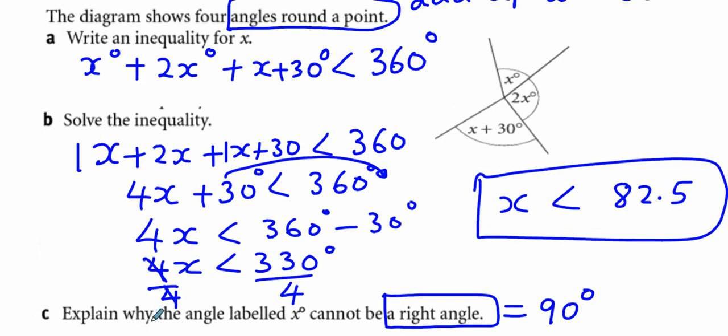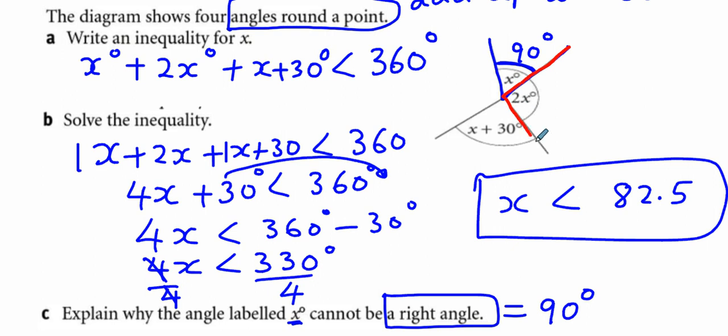So the question is, explain why the angle labeled x can never be a right angle. That means it can never be equal to 90 degrees. Now suppose this angle here is a right angle. If x has to be equal to 90 degrees, that means this angle will be 90 degrees.